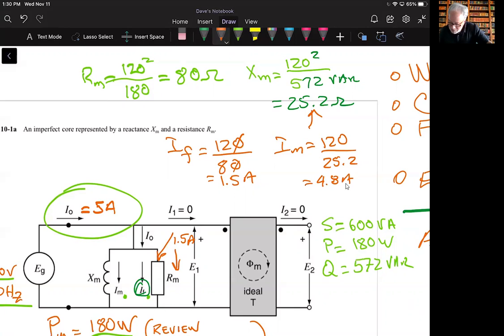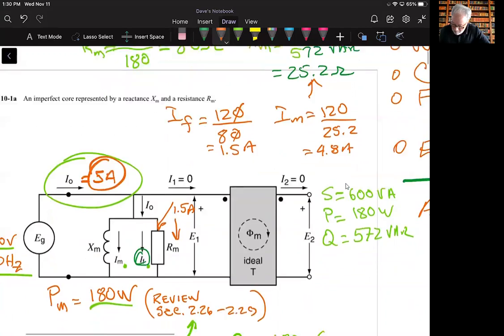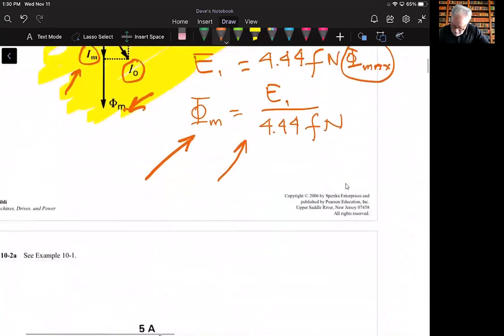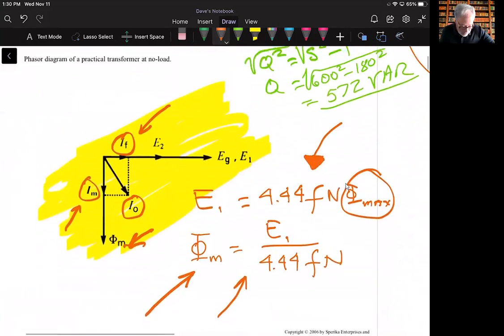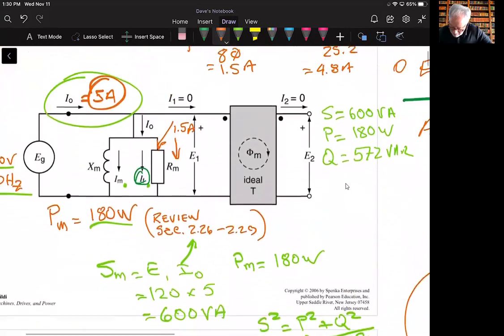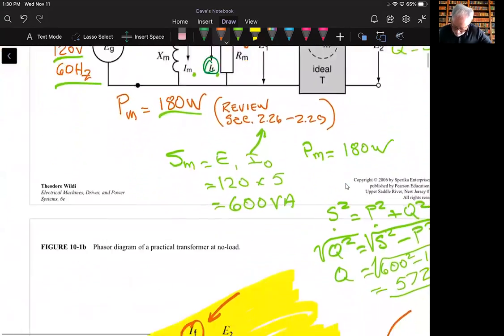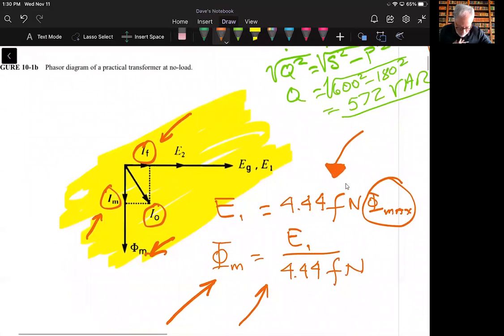What we're trying to calculate is the current being supplied here. It's not a simple addition of 1.5 and 4.8. We have to look at the phasor sum of these two.